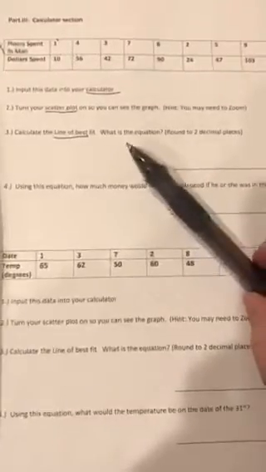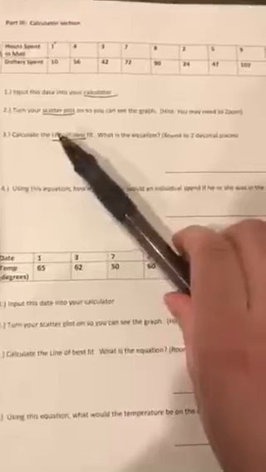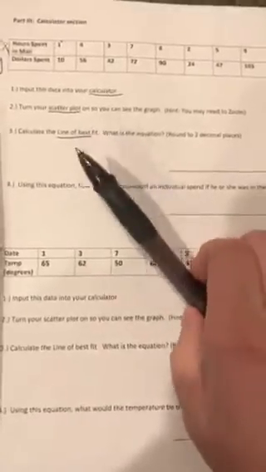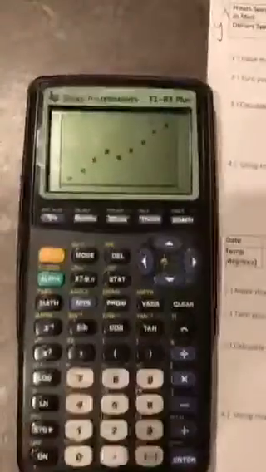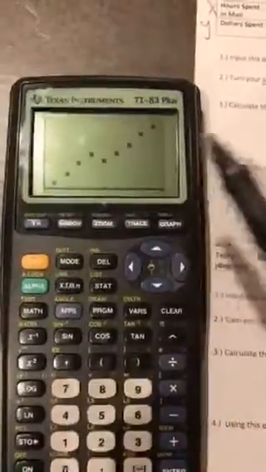So if you look at your study guide, we input the data into our calculator, and we got our scatter plot on the graph. Just based on your graph, you can see that it is a positive correlation because your scatter plot is going up. Now the next question is asking you to calculate the line of best fit.